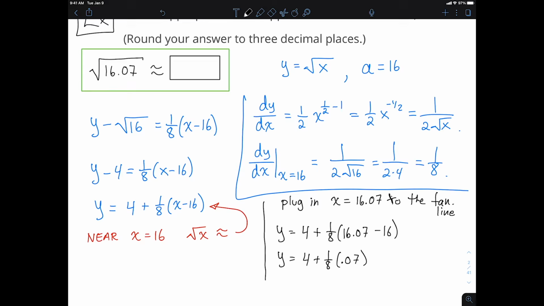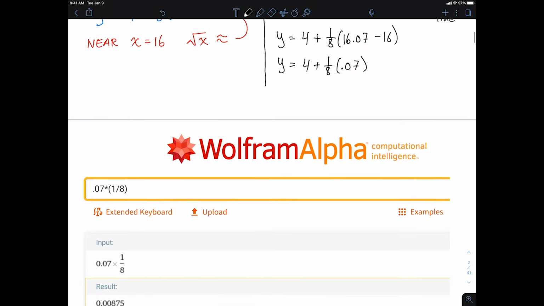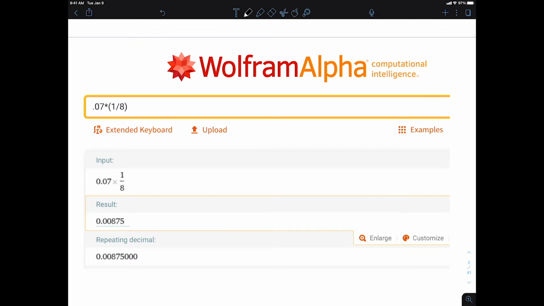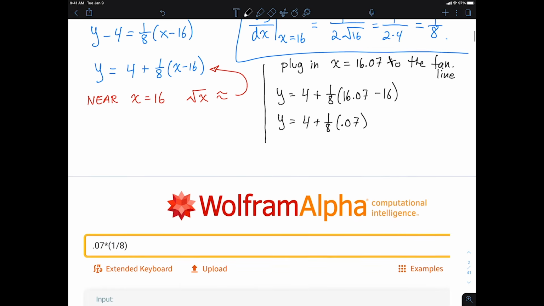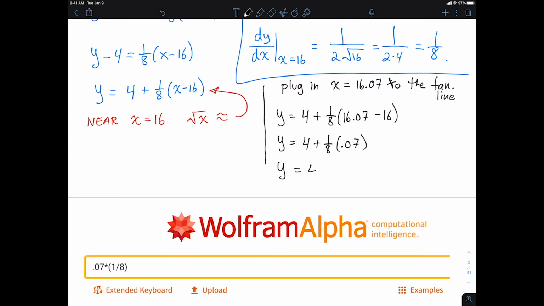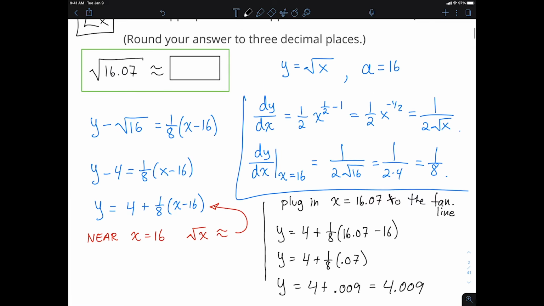We're asked to round to 3 decimal places, so I would use a calculator or Wolfram Alpha to get that decimal of what is 1/8 times 0.07. I've already done that and taken a little screenshot. What is 0.07 times 1/8? It is 0.00875, which means we want this to round to 3 decimal places as 0.009. So now we know that y is equal to 4 plus 0.009, which is 4.009. That is our value that is approximately the square root of 16.07.